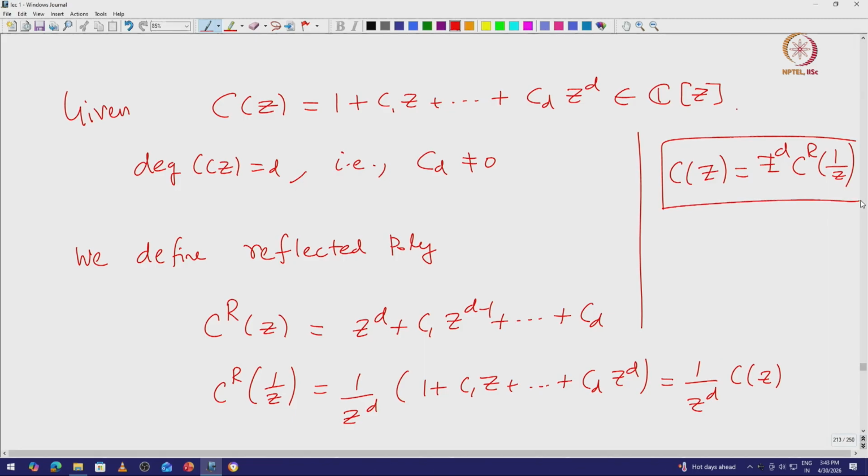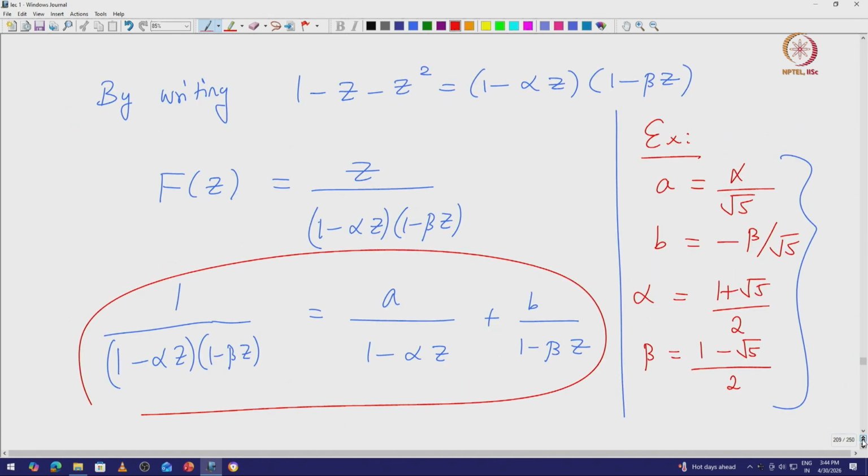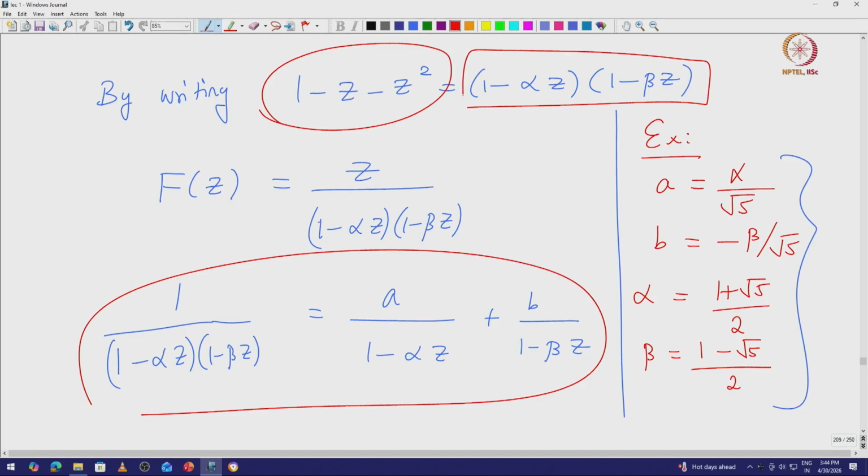So, why is this polynomial important? When we looked at the Fibonacci series, we needed to solve a polynomial of this form, 1 minus z minus z squared, but we wanted to write this polynomial in this specific form, (1 minus alpha z) times (1 minus beta z), so that we can use the geometric series.